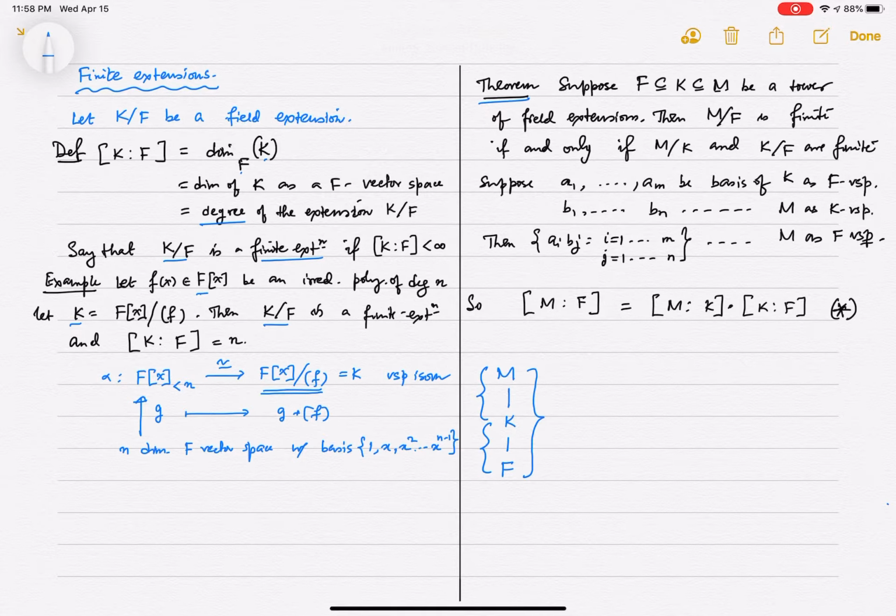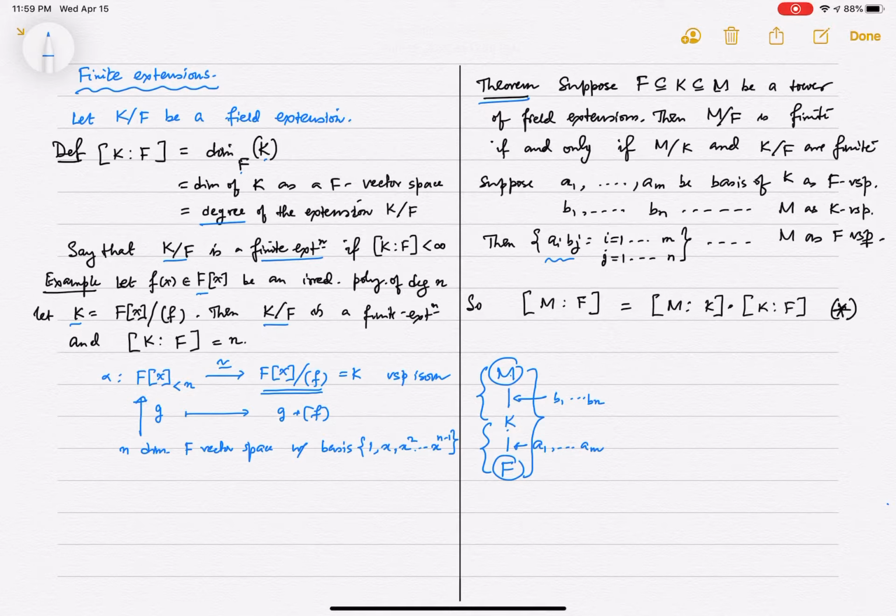And when things are finite, you can make a more precise statement. If A1, A2, through Am is a basis for K over F, and B1, B2, through Bn is a basis of M over K, then if you take their pairwise products, that will be a basis for M over F. That's the statement.